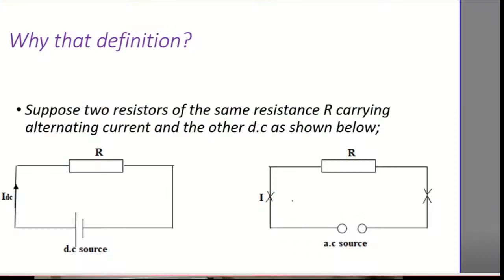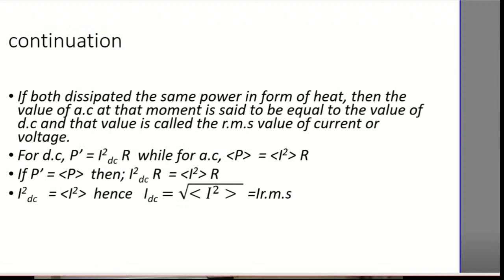Now, you are going to note that if both resistors dissipate the same power in form of heat, then the value of alternating current at that moment is said to be equal to the value of the direct current. And that value is what we call the RMS value of the alternating current or voltage.